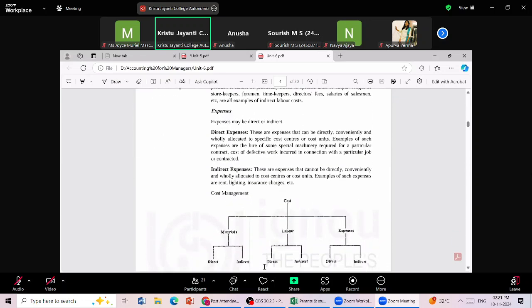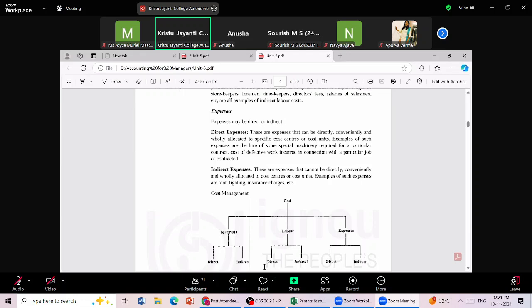Then expense also, direct expense and indirect expense. Any expense which is connected directly to the manufacturer is considered a direct expense. And indirect expense means anything indirectly supporting the manufacturer. Example, you can see here the rent, lighting.